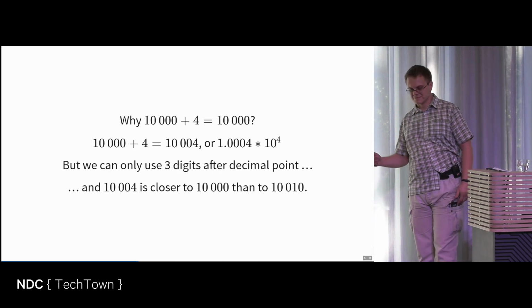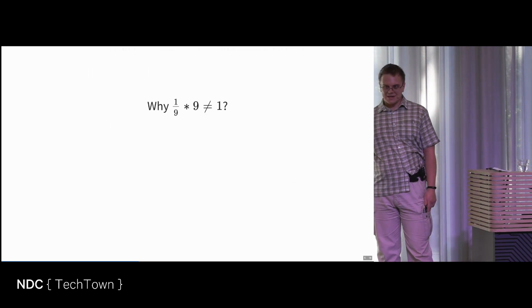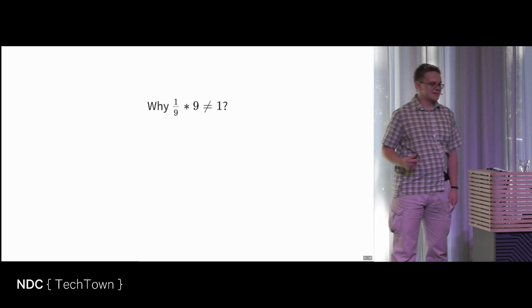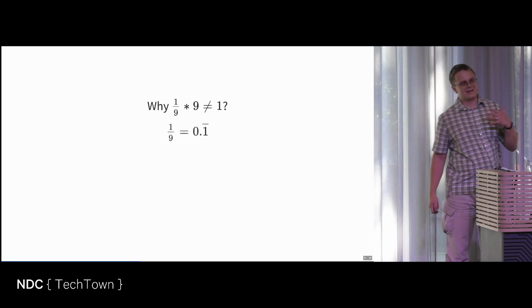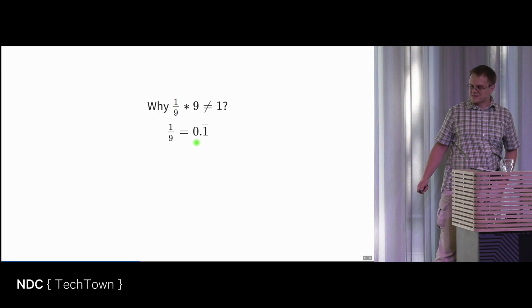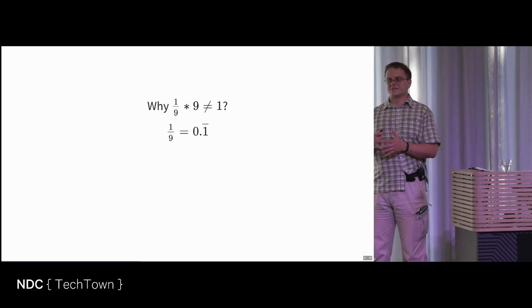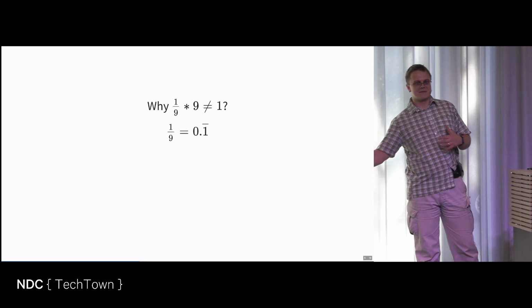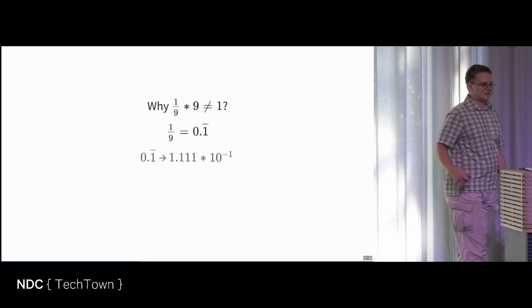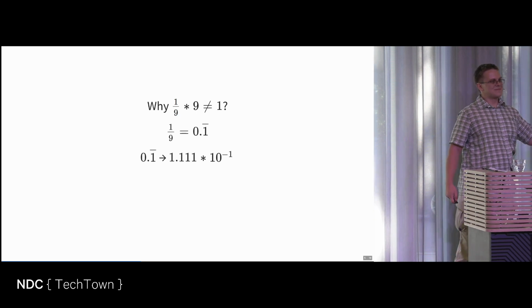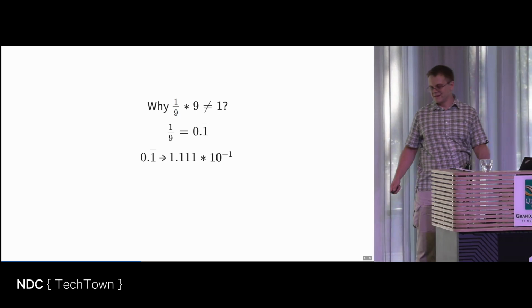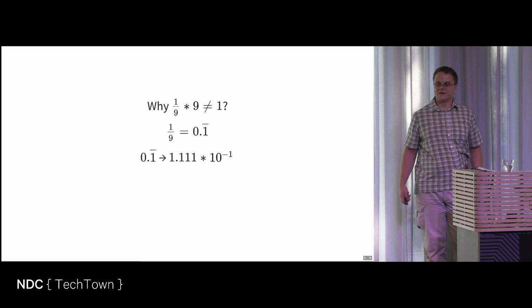And that's the issue. And this applies for this as well. The issue is again in the rounding. Because ideally, 1/9 is just 0.1 repeating. This is a little notation we use for the fact that we can't actually stop writing ever, or we will round down. But we have to round down. To get to a fixed number of digits, we have to round down, so we get this little number.